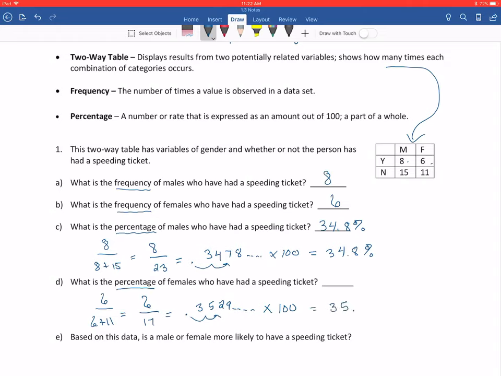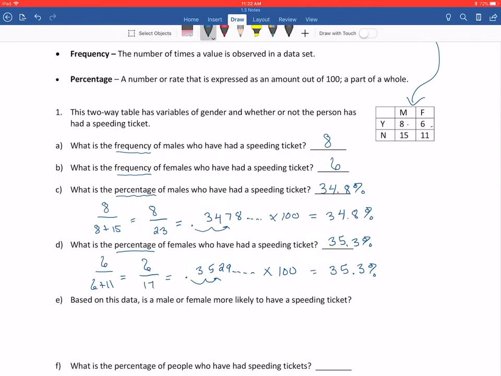Approximately 35.3%. Make sure you know how to do these calculations on your calculator, whatever type you're using. Make sure you can divide and move the decimal point accordingly.